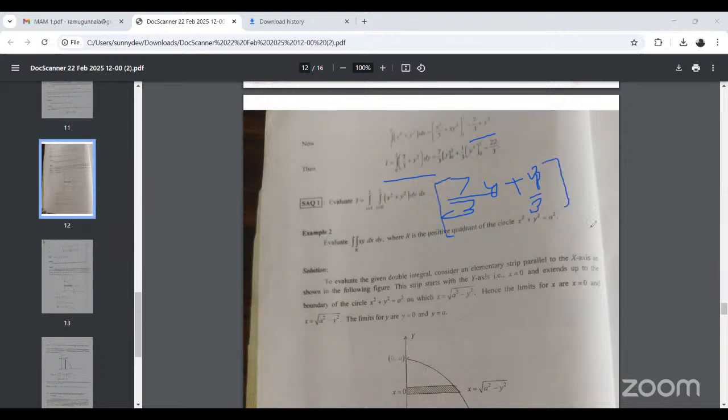The interval is 0 to 2. Applying 0 to 2, the first part is 14 by 3 plus 8 by 3, minus 0, since the lower limit part also becomes 0. So the answer is 22 by 3.